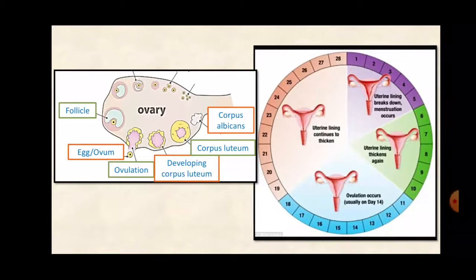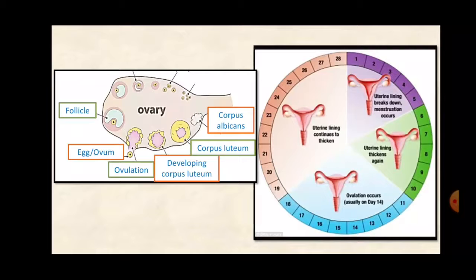The last phase lasts for again 10 days when the uterine lining continues to thicken, irrespective of whether the ovum has been fertilized or not. And if the ova is not fertilized, the cycle is again repeated.